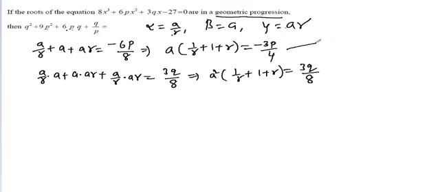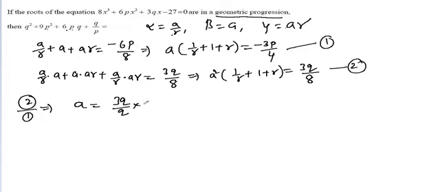This is the first equation and this is the second equation. Second equation by first equation, so from the left hand side a is equal to 3q by 8 into 4 by minus 3p. So 4 cancels 2 times, that is 3 cancelled, that is equal to q by minus 2p. This is the a value, q by minus 2p.